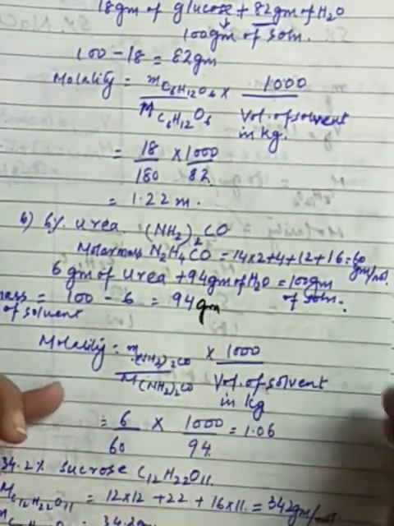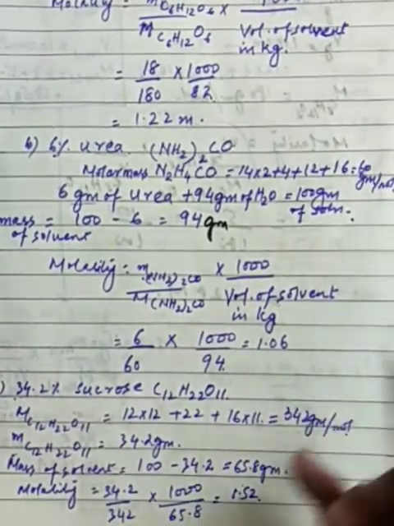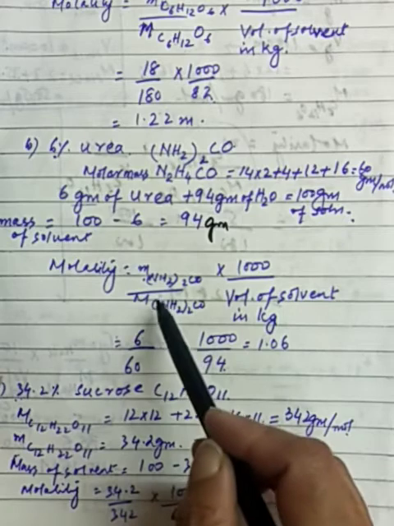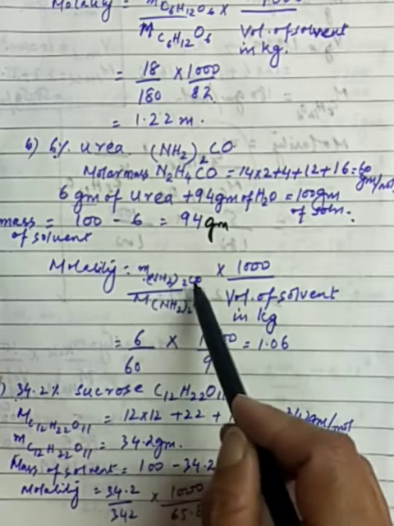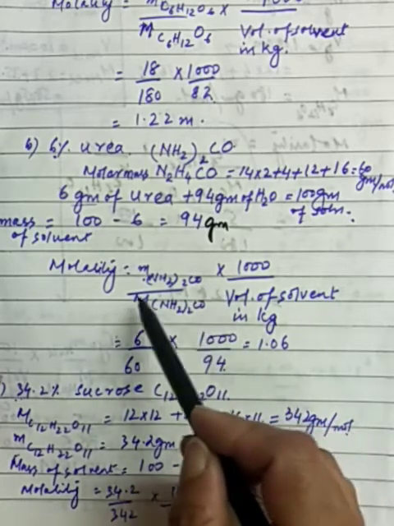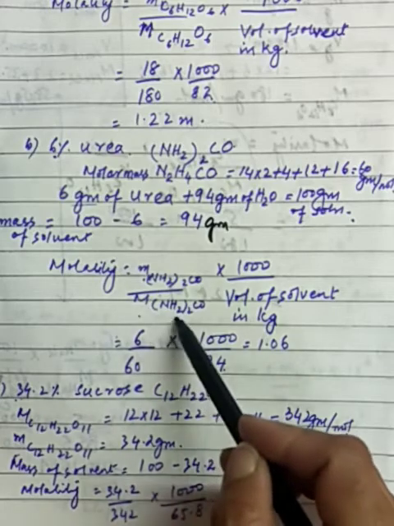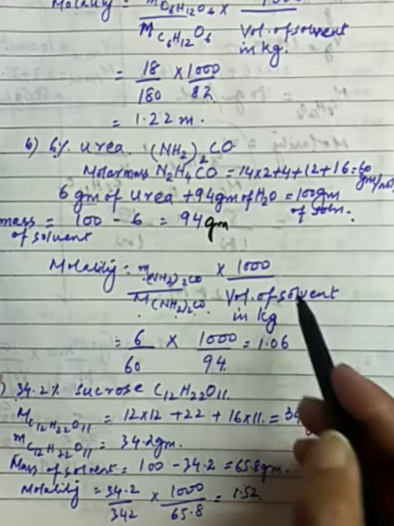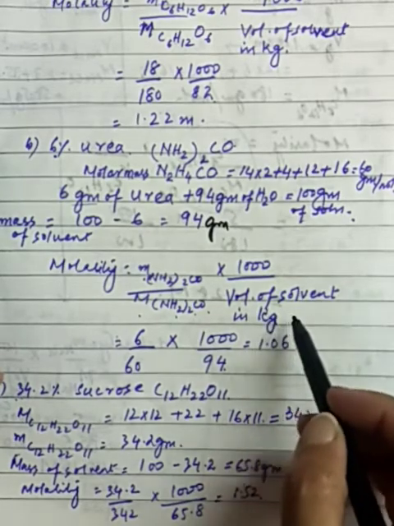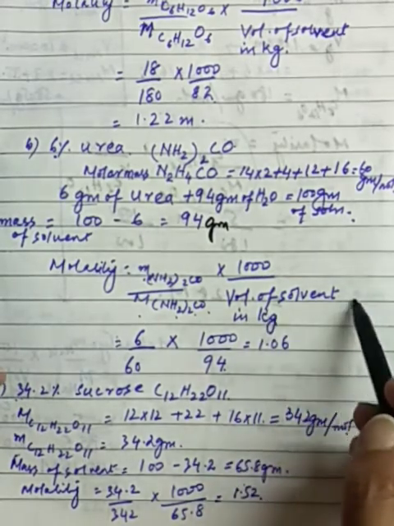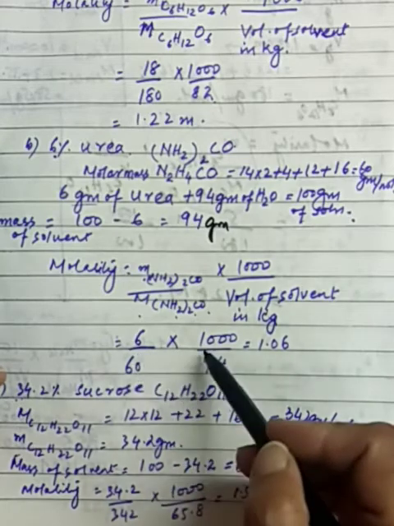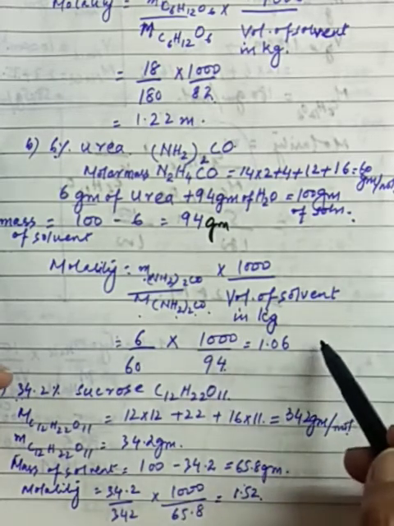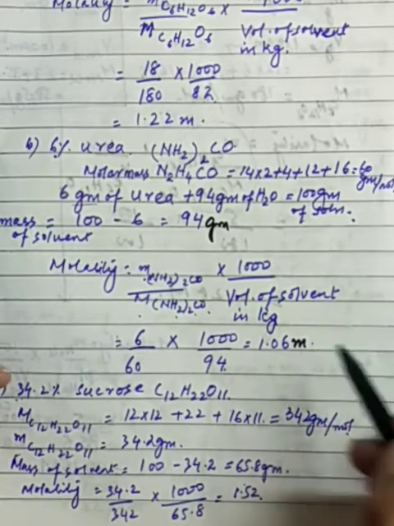The formula used to find the molality is the mass of (NH2)2CO divided by molar mass of (NH2)2CO multiplied by 1000 over mass of solvent in kg. 6 divided by 60 multiplied by 1000 divided by 94, that is equal to 1.06 molal.